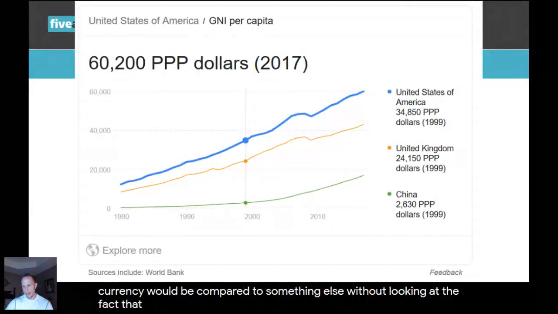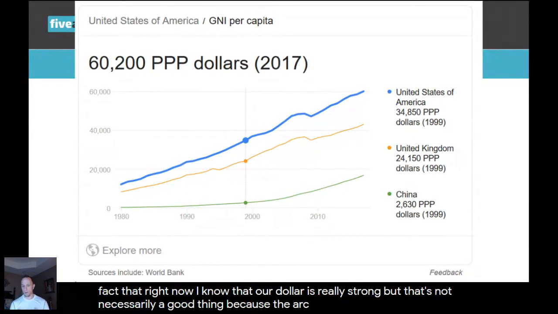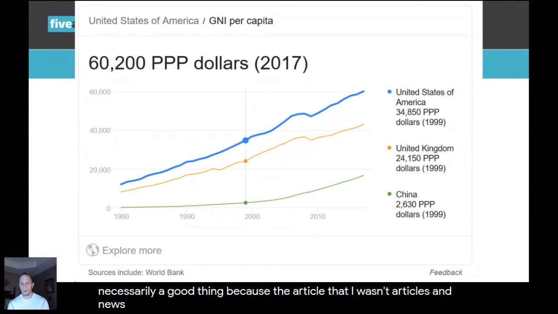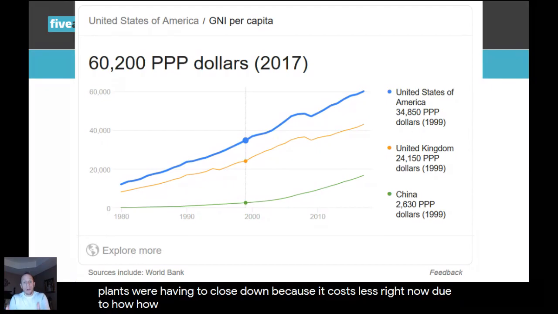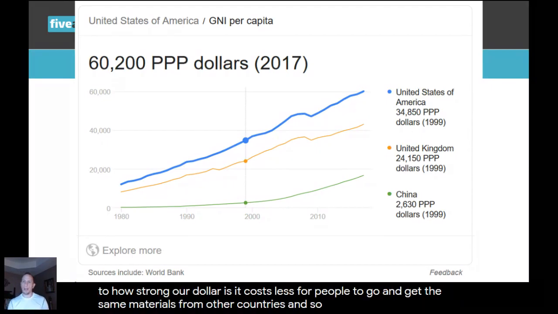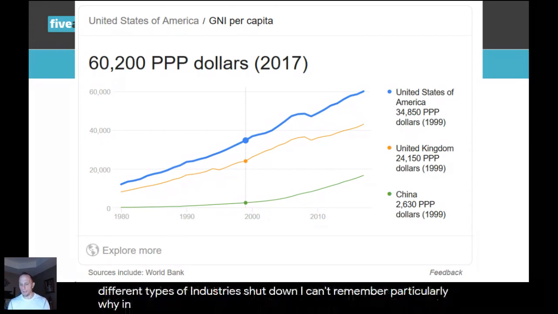I know that our dollar is really strong right now, but that's not necessarily a good thing, because the story I was listening to on the news was how some manufacturing plants were having to close down because it costs less for people to go and get the same materials from other countries, due to how strong our dollar is. That's causing different types of industries to shut down. I can't remember particularly what industry it was. I was working and doing something else at the same time. So there is definitely some good with that, but there's also some bad as well. So it's hard to answer that question outright.